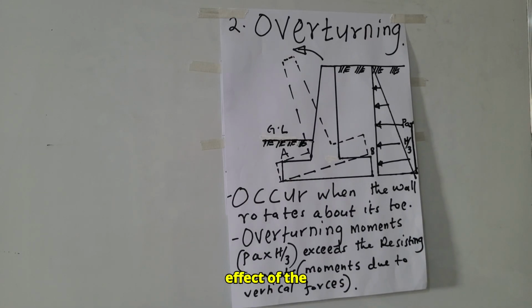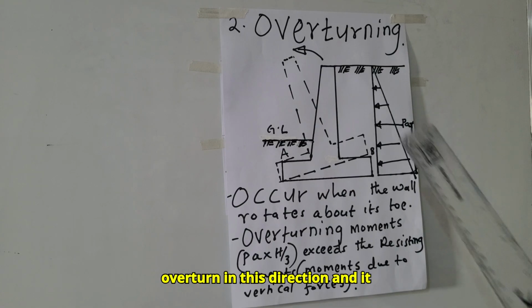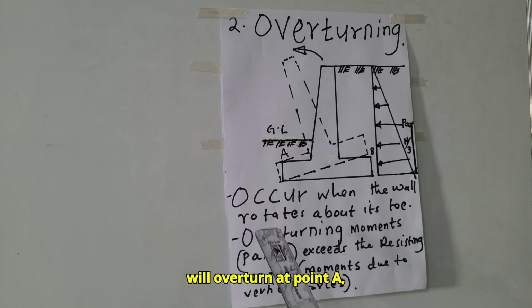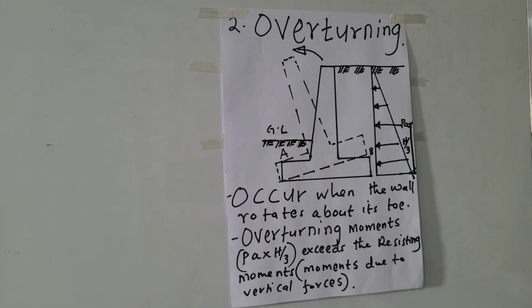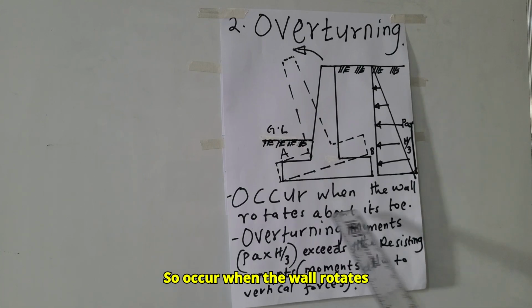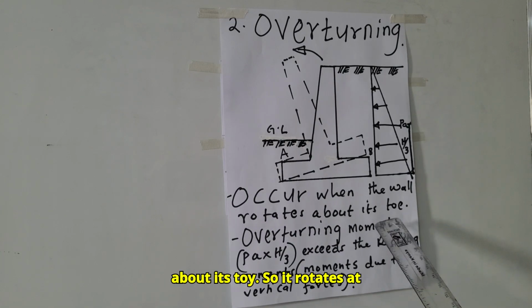But due to the overturning moment exceeding the resisting moment, this wall overturns in this direction, and it will overturn at point A, which is the toe of the retaining wall. It occurs when the wall rotates about its toe.